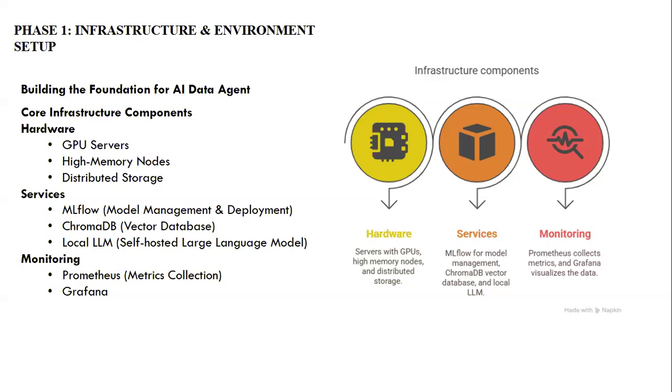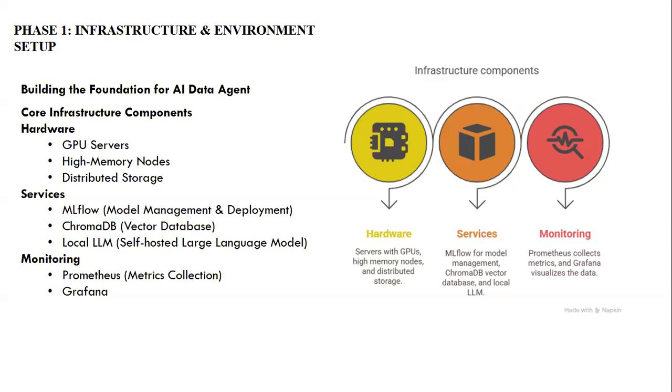On the server side, we deploy MLflow for model management, ChromaDB as our vector database, and a self-hosted large language model for local inference. For monitoring, we rely on Prometheus for metrics collection and Grafana for real-time dashboards. This robust infrastructure ensures our environment is ready for demanding AI workflows.